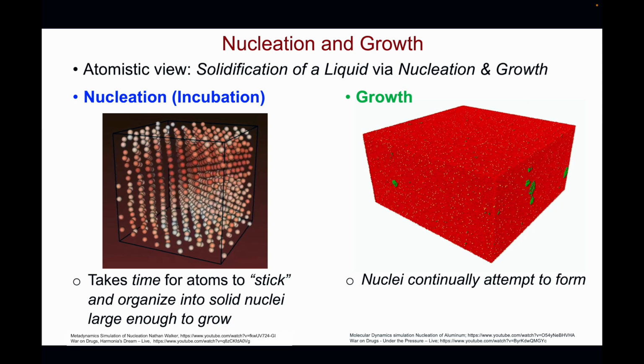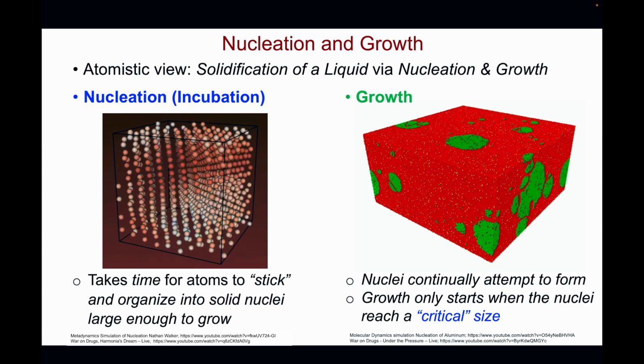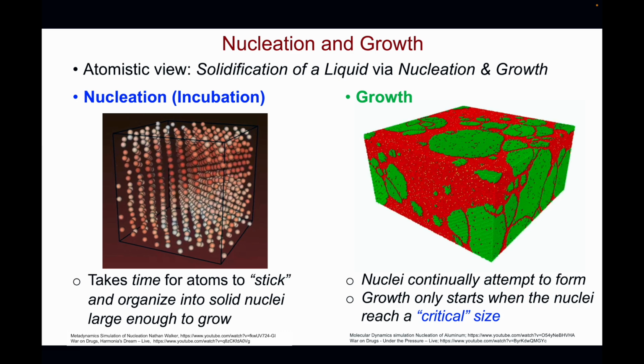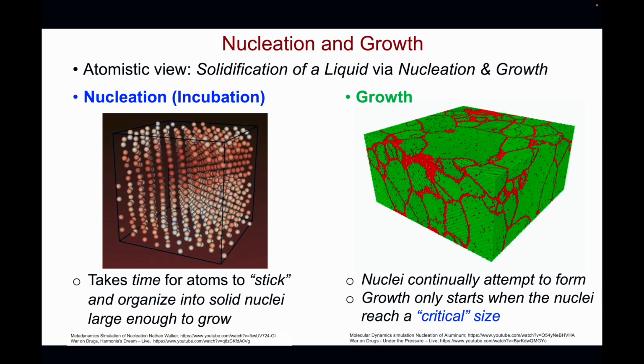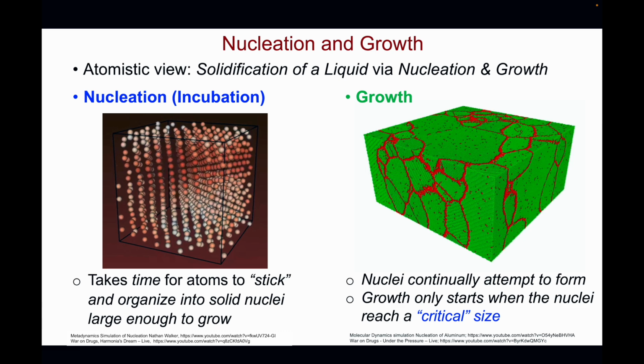When they reach the critical size, growth will begin. Here we go. You can see the middle stages of the growth can be very fast. And then, as the conversion is almost complete and the liquid is consumed, almost, the rate slows down as the final amounts of liquid solidify.